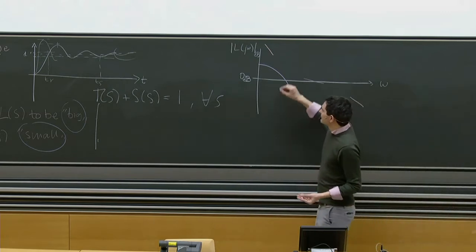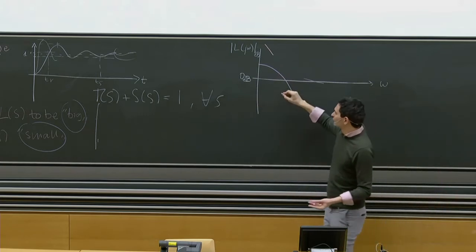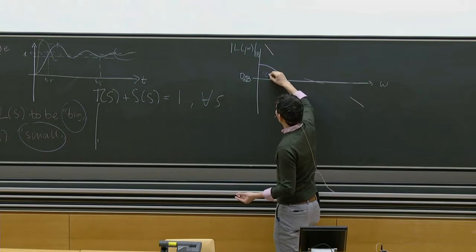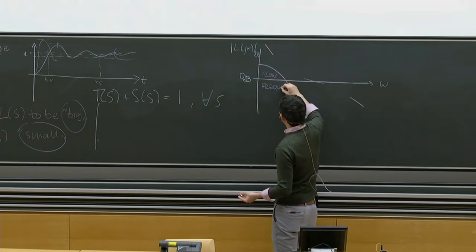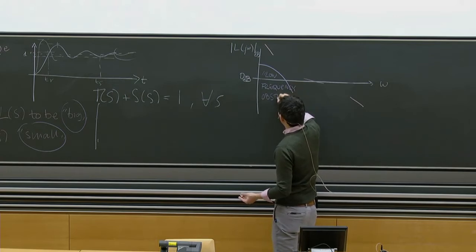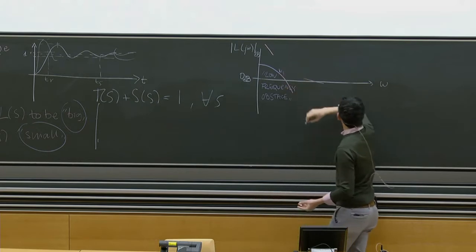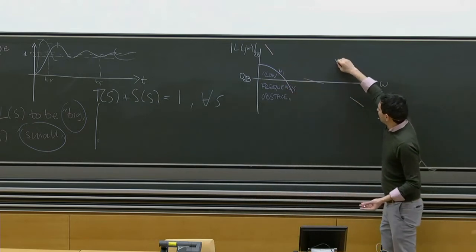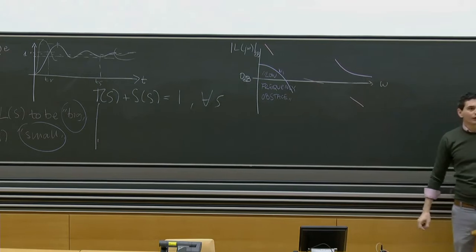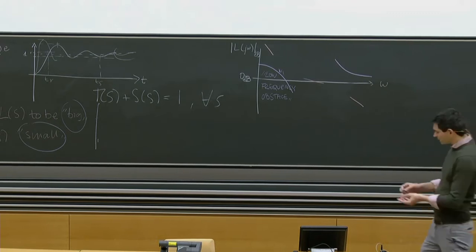So this translates into an obstacle, let's say a constraint. We can call it a low frequency obstacle, or W1 we called it. And similarly, the specifications on the noise get translated into the fact that the magnitude of L has to be lower than a high frequency obstacle.